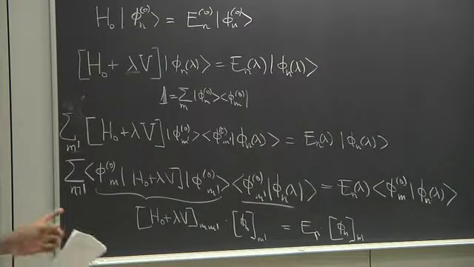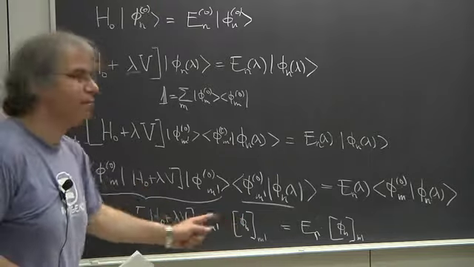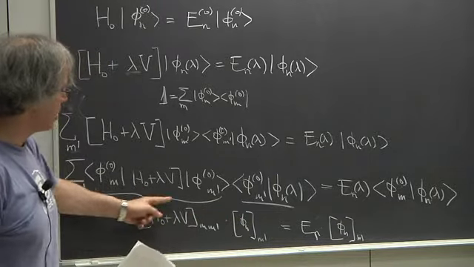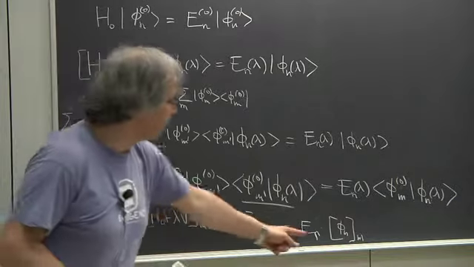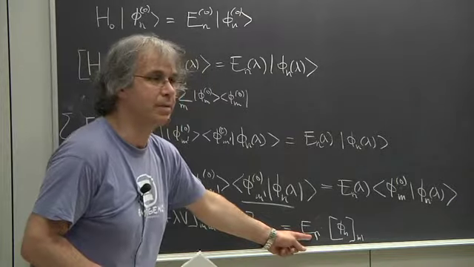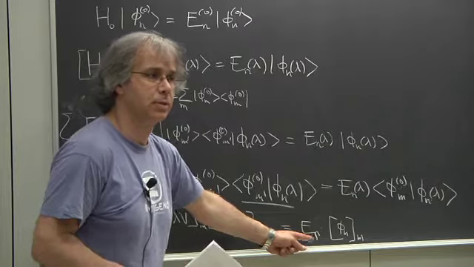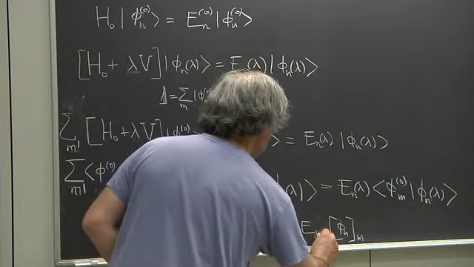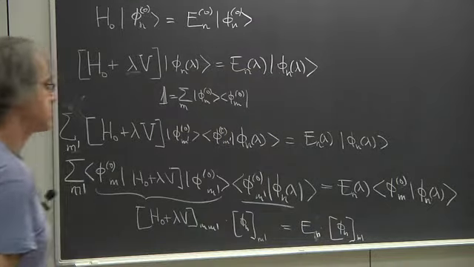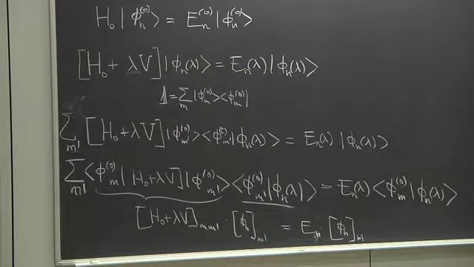So the problem is to find new eigenvectors of this matrix, and corresponding new eigenvalues E n. All right? I hope this is in principle what you should do. Is this clear?